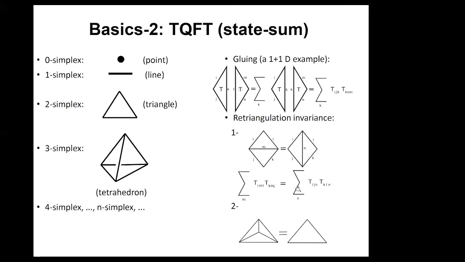These two have to be equivalent. This is what retriangulation invariance means. From left to right, we are doing a 2 to 2 Pachner move. And here there's a 3 to 1 Pachner move, and you can write it in terms of contraction of tensors as well. So the tensor T, if you want to construct a TQFT, has to satisfy these equations.